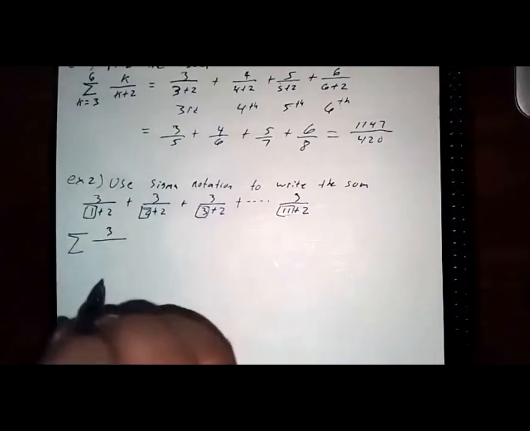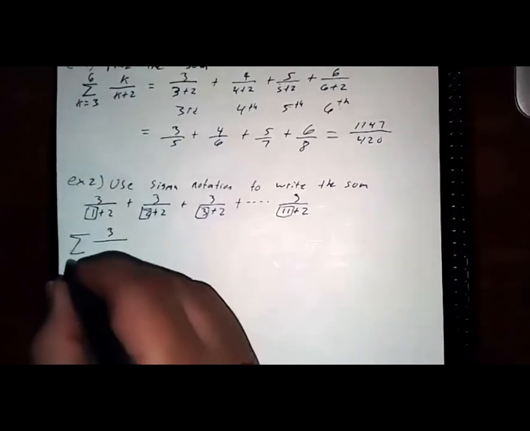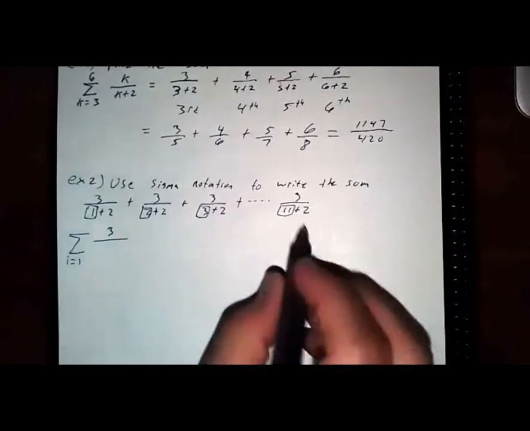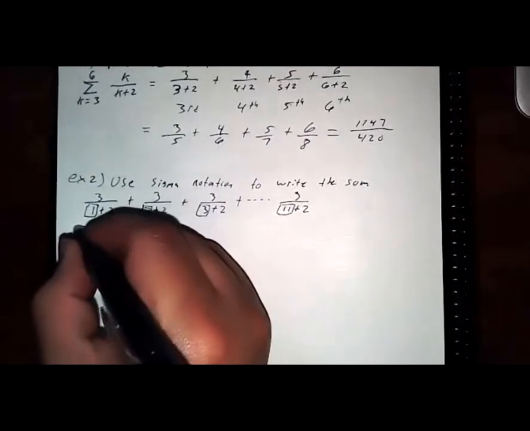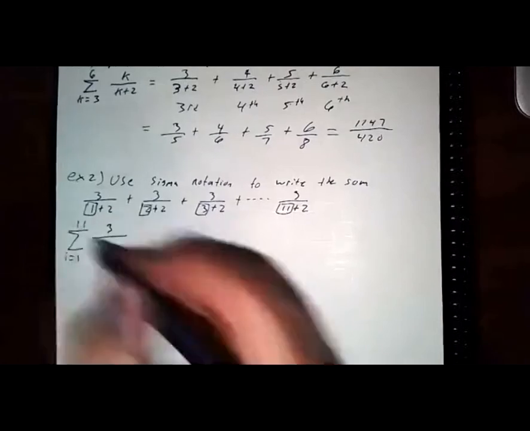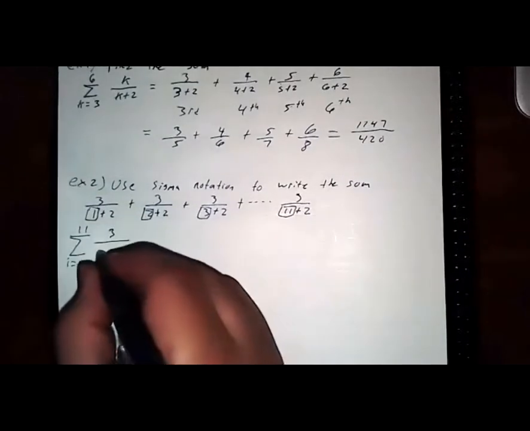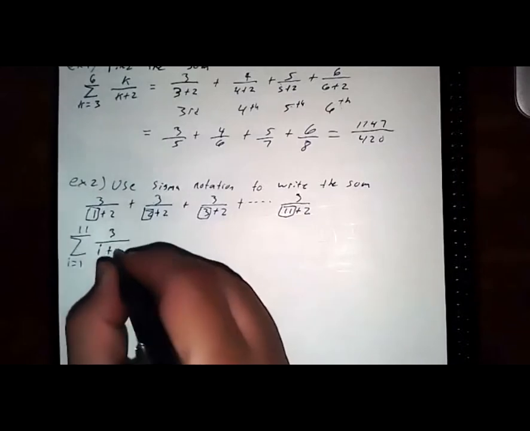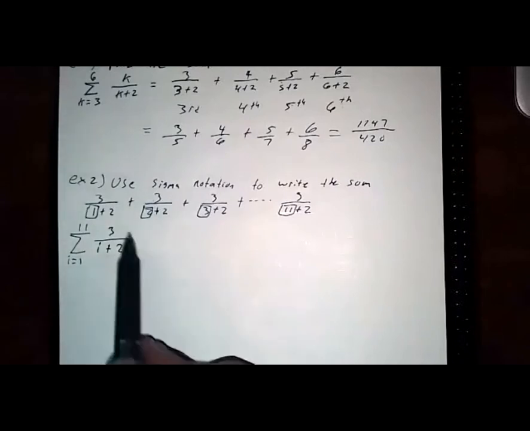So I'm starting at 1 and I'm going all the way until 11, right? Since I used i, I will put i plus 2. So that's what this will create, all of the terms until 11.